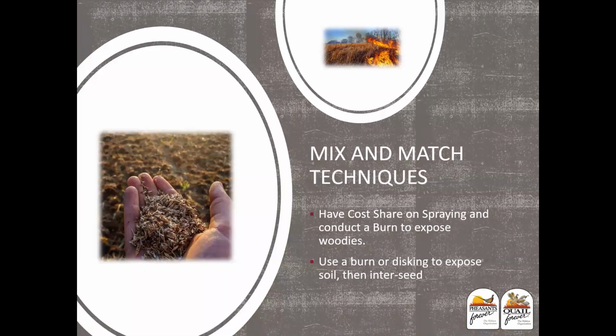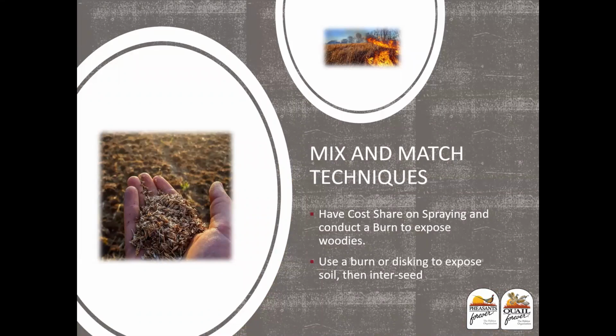And then I have a slide here. Definitely consider mixing and matching these techniques. With CRP, you can only get cost share on one. However, you can definitely take care of a lot of your issues in any grassland management by mixing and matching them. So I have two examples here. You can have cost share on the spraying, and you conduct a prescribed burn.